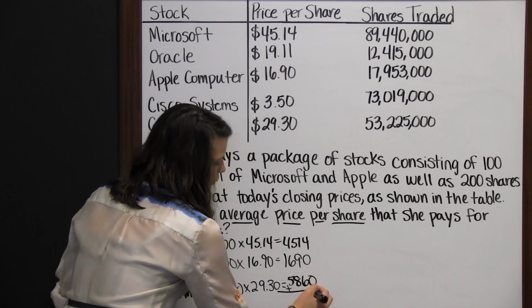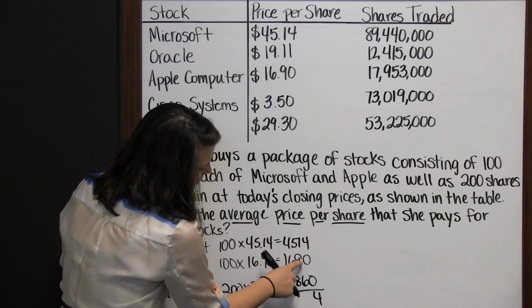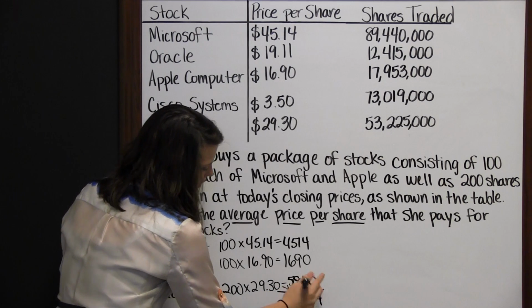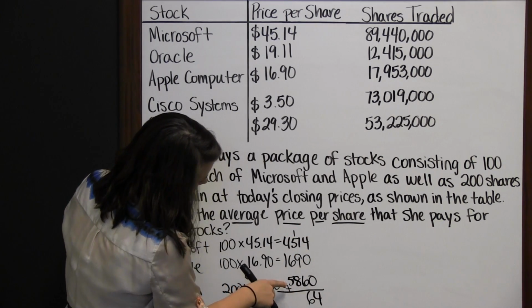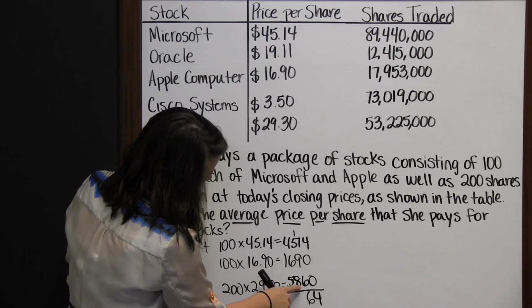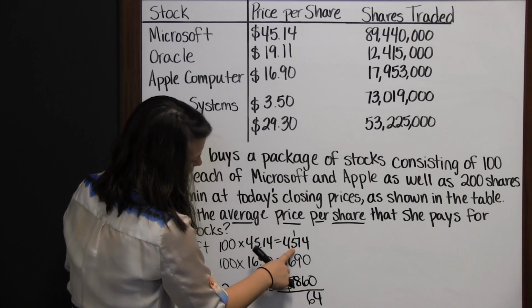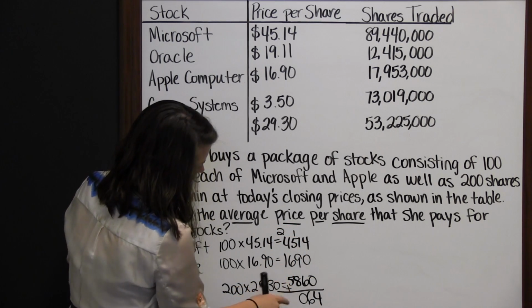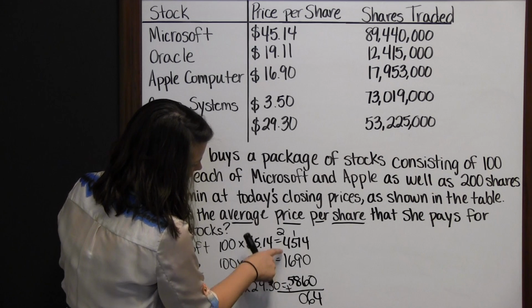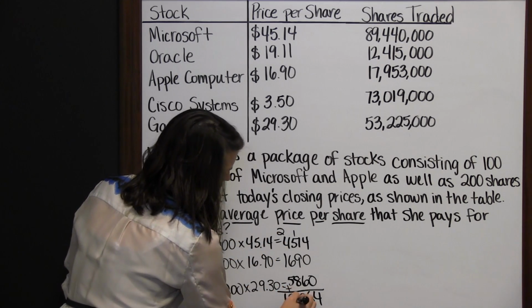So 4 plus 0 is 4. 1 plus 9 is 10, plus 6 is 16. And then we have 8 plus 6 is 14, plus 5 is 19, plus 1 is 20. 5 plus 1 is 6, plus 4 is 10, plus 2 is 12.